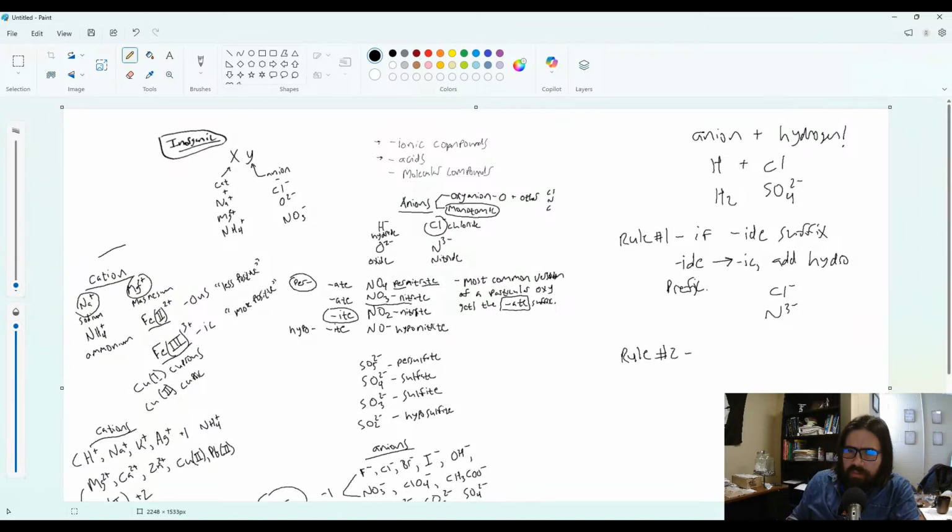Okay, so rule number 2. If you have an "ate" suffix, so again, that's the persulfate, sulfate, nitrate, pernitrate, then what you're going to do is switch the "ate" to an "ic."